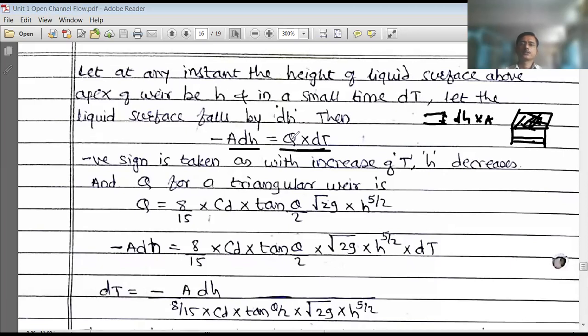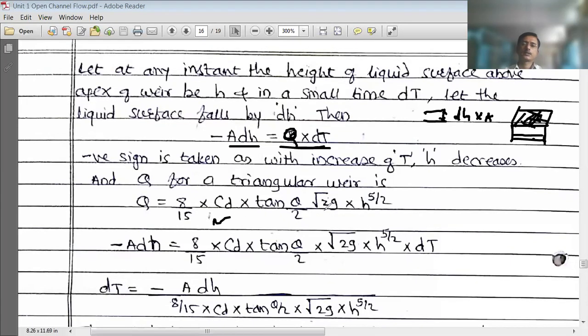Same principle here. Discharge into dt, right? The formula of discharge Q for a triangular notch is CD tan theta by 2 into root of 2g into h raised to 5 by 2. So we'll put this inside this equation.